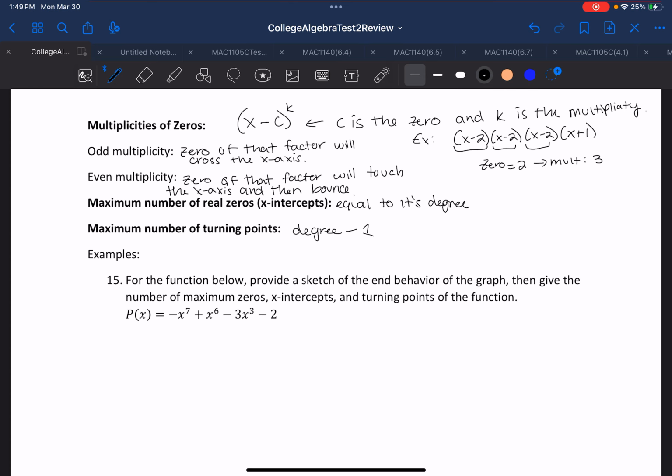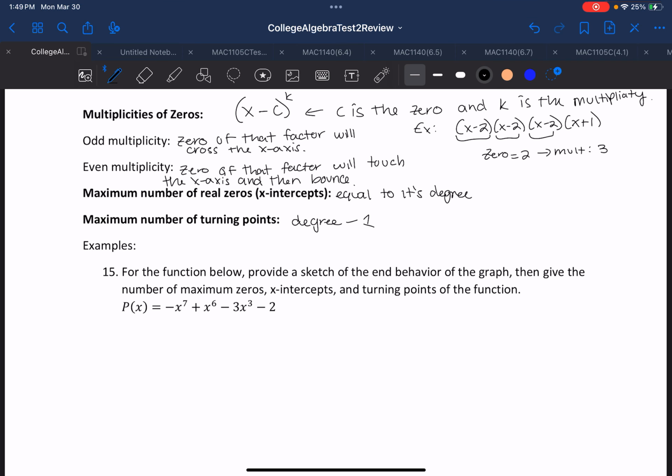So let's see some examples. Number 15 says, for the function below, provide a sketch of the end behavior of the graph, then give the number of maximum zeros, x-intercepts, and turning points of the function. So for the end behavior, we use the leading term test.